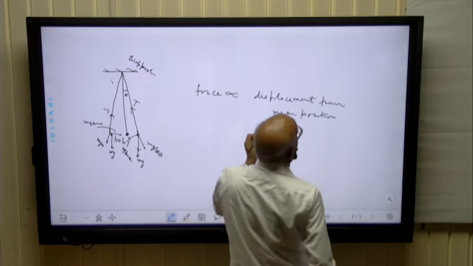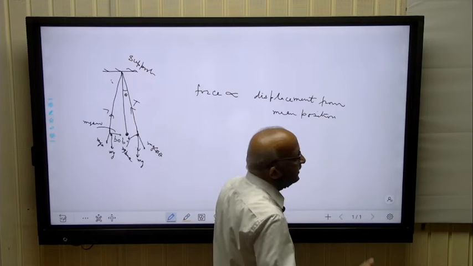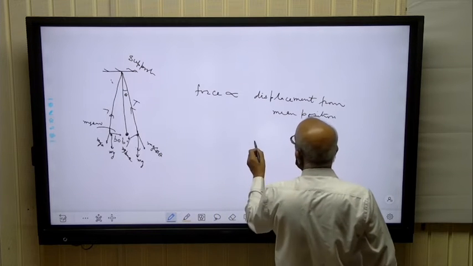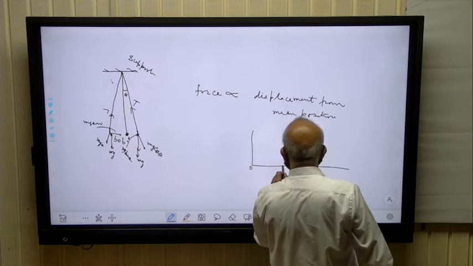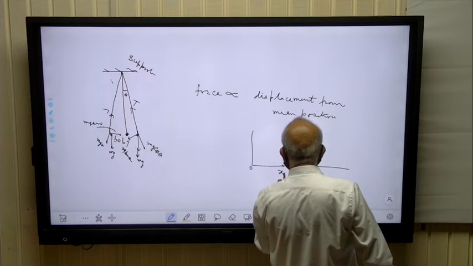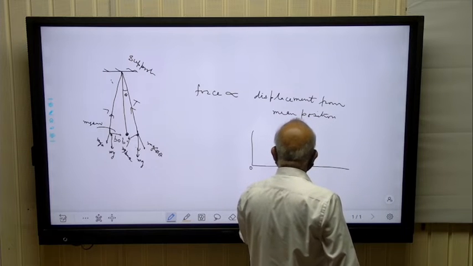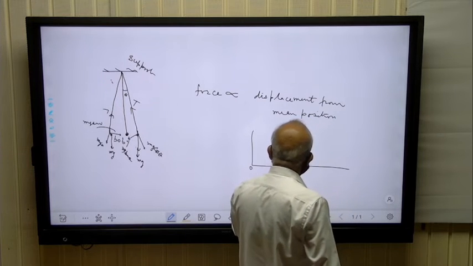So let the mean position be at x like this. This is the coordinate system, this is the origin, this is x0, and this is the mean position.